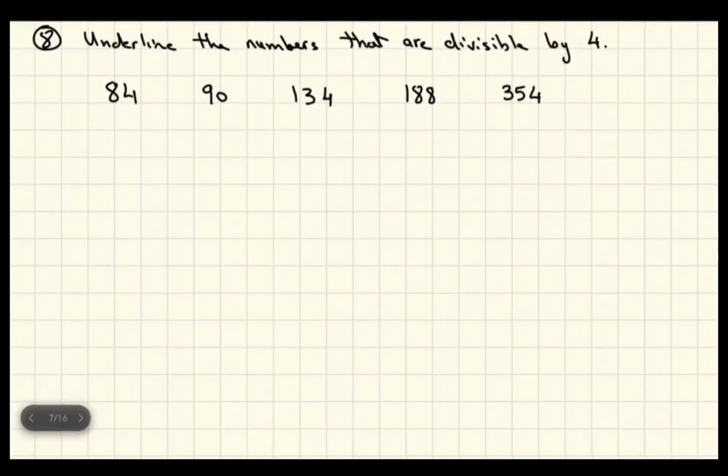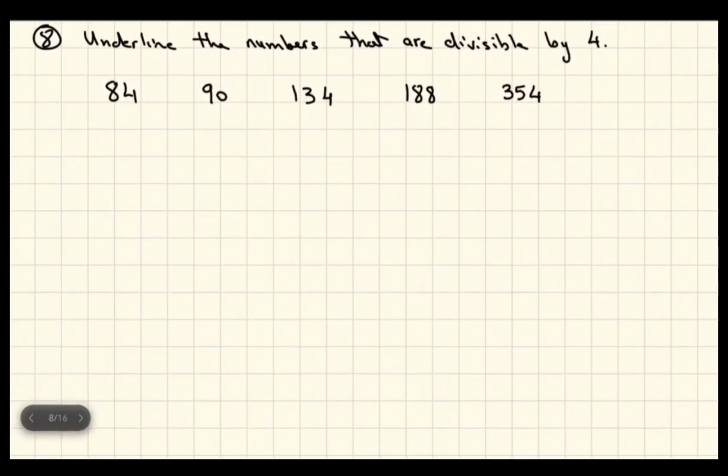Number 8. Underline the numbers that are divisible by 4. Any number divisible by 4 means the last 2 digits.